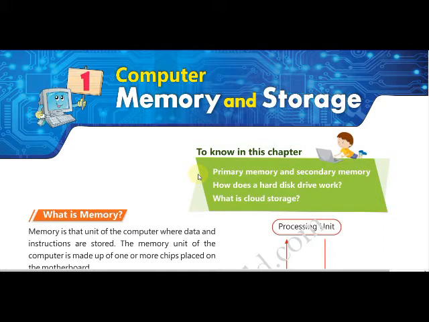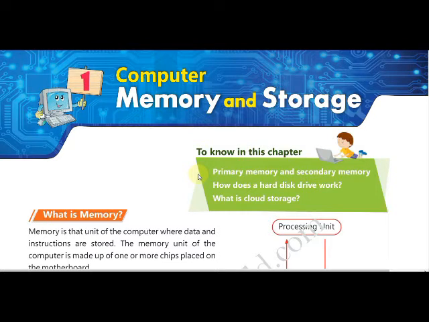Now let's see the components, the internal parts of the CPU. Actually this part is constructed from different components. What are these? First, let's begin with the main board. It is also called the motherboard.